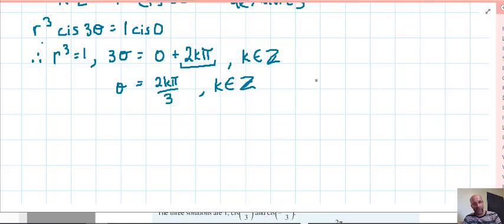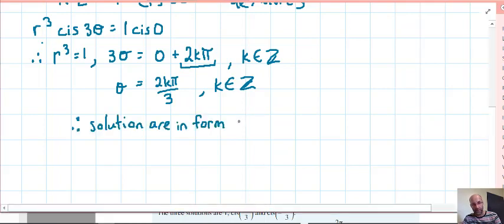That allows us to get all the solutions, and we'll know when we have all the solutions, as you'll see soon. Therefore the solutions will be in the form z equals, we could put a 1 there, we don't need to, cis 2k pi over 3. And we just run through the integer values.